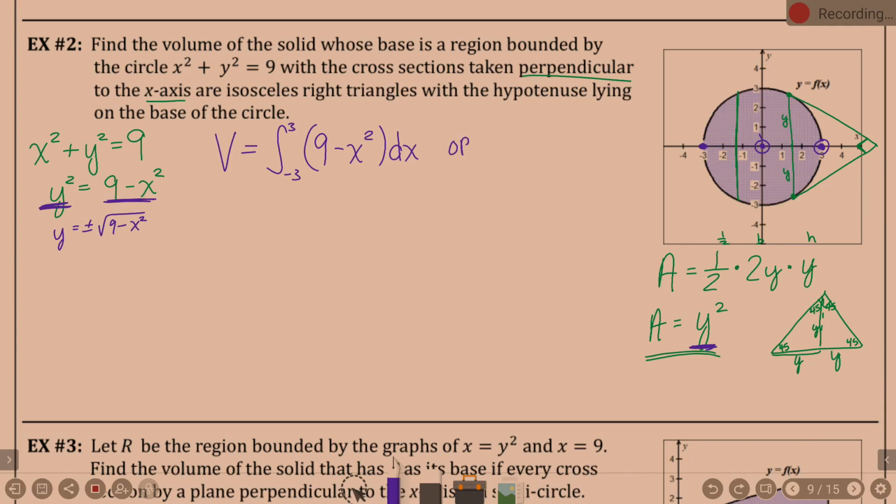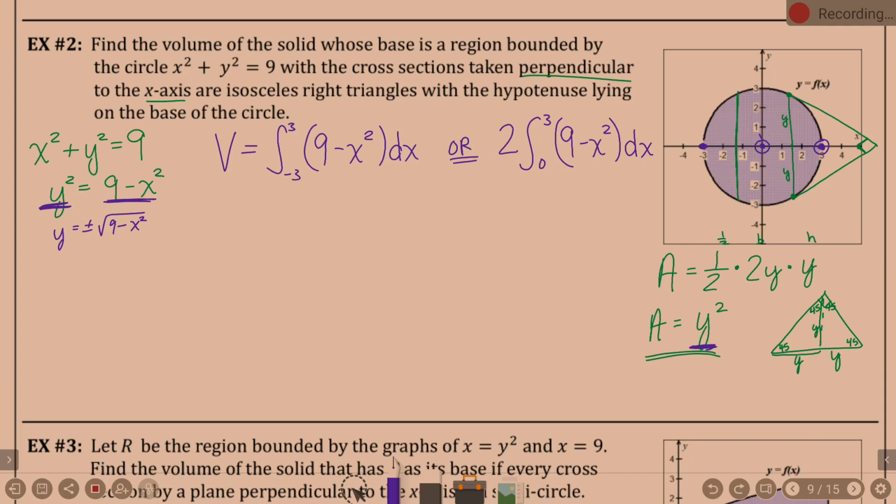Or the integral from, whoops, hold on, don't forget the 2. 2 times the integral from 0 to 3 of 9 minus x squared dx. Any calc knowledgeable person is going to be supportive of either. Now, either way we do this, we need to integrate, yes? Which one are we doing?